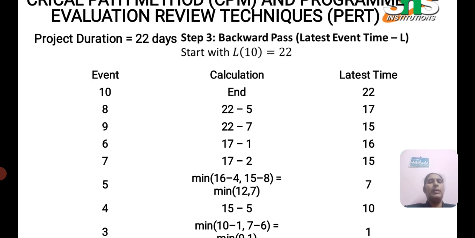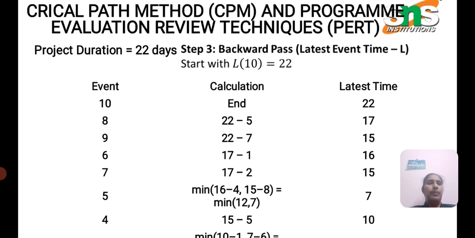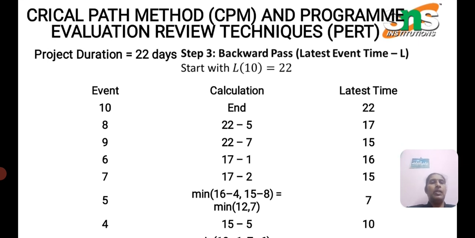The events are then taken in reverse order. In the forward pass we add, but in the backward pass we subtract the value and take the minimum value. For example, if the maximum value is 22, we subtract 5 in reverse order. If the next value is 7, then 22 minus 7 gives 15, 17 minus 1 gives 16, and 17 minus 2 gives 15.